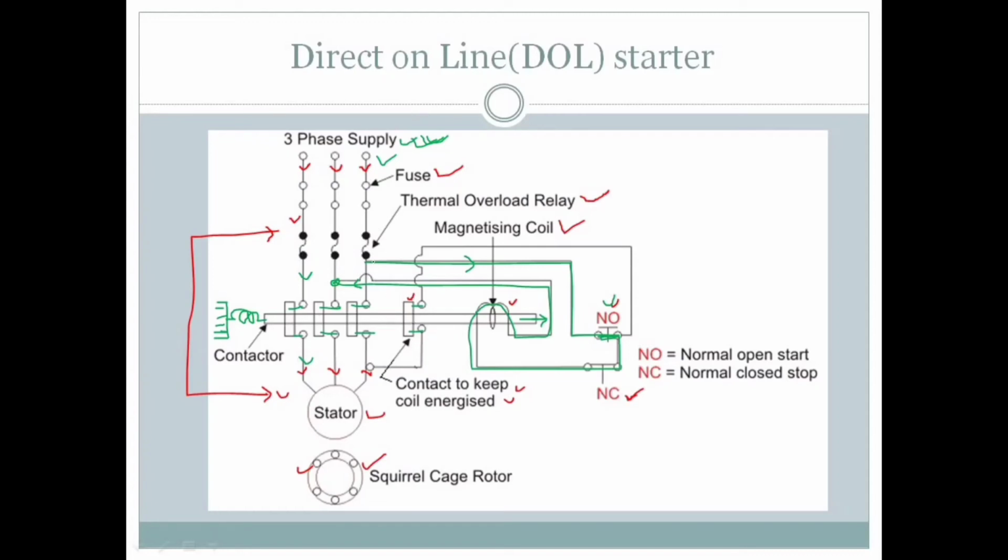When excessive current or fault current passes in the three-phase supply, the magnetizing coil will be demagnetized. After demagnetization, the contactor moves back to the original position.